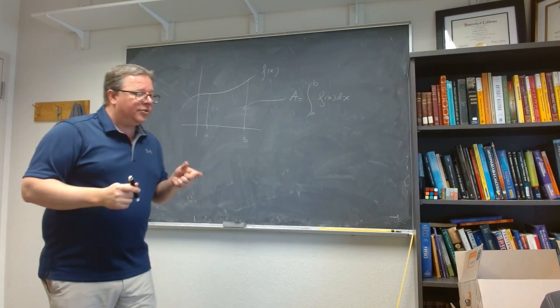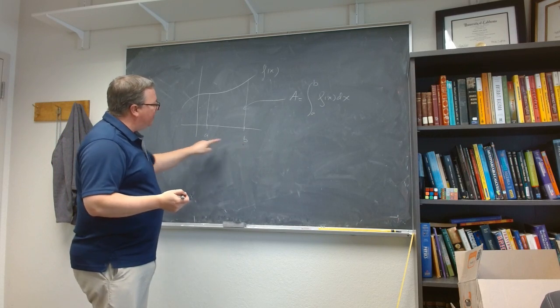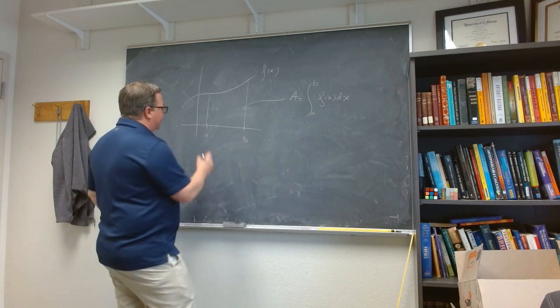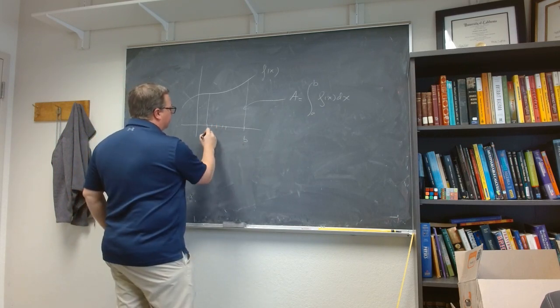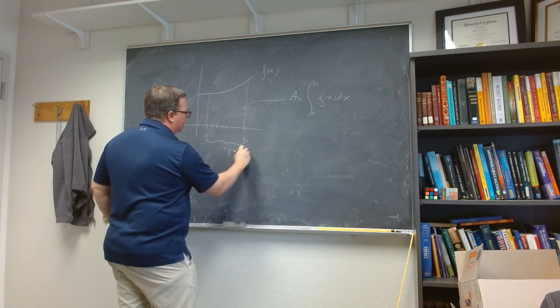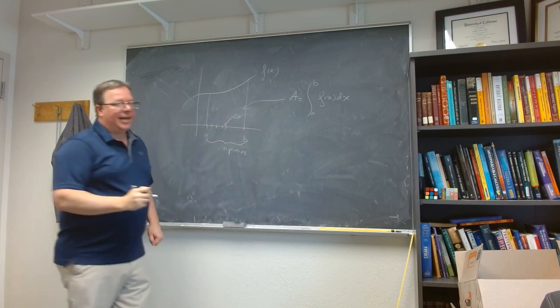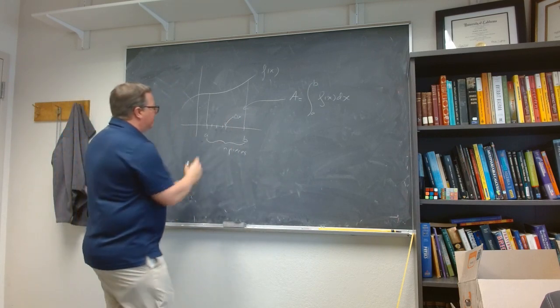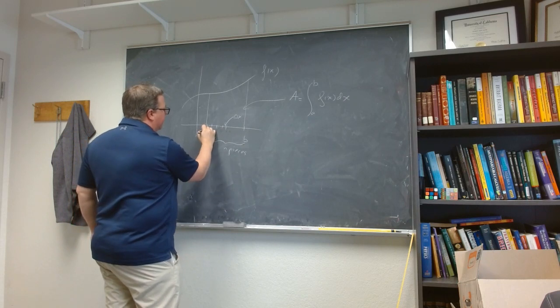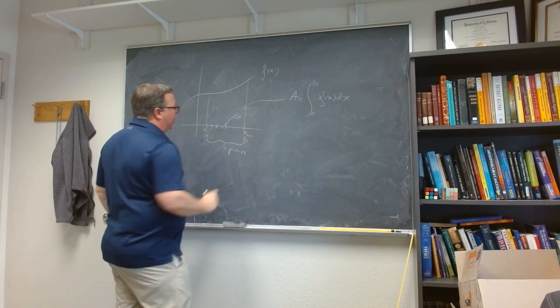But generally, the construction looks something like this. We split the interval AB into n many pieces. And each one of these intervals had size delta x. We labeled x sub 1 as A, and we went all the way to x sub n plus 1.